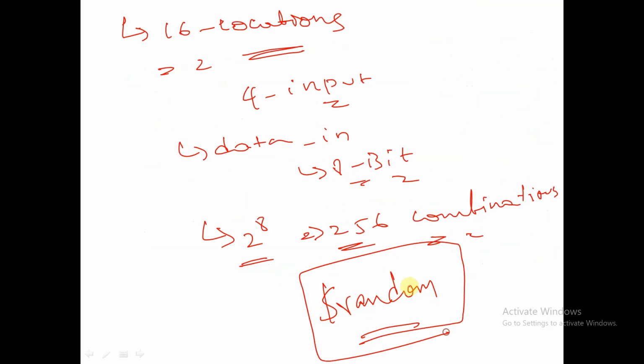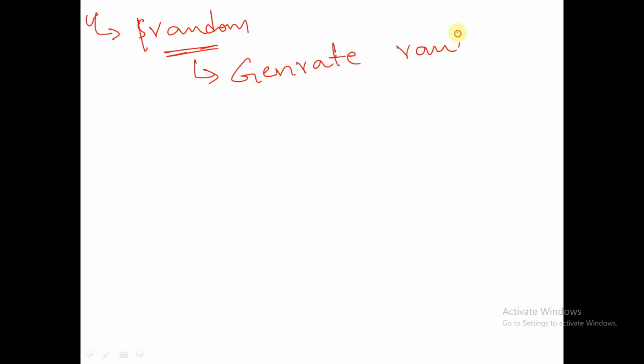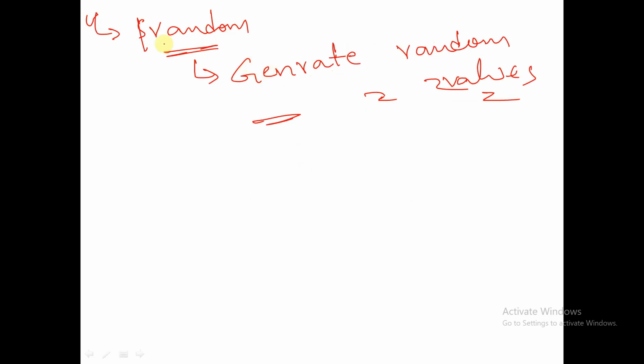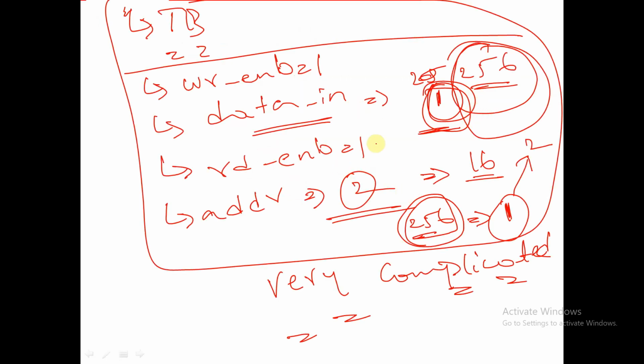is used. So basically, by using this dollar random, in Verilog we can generate random values. So instead of specifying hard coded values, we can use the dollar random keyword and generate random values, and we can store them in different random locations.